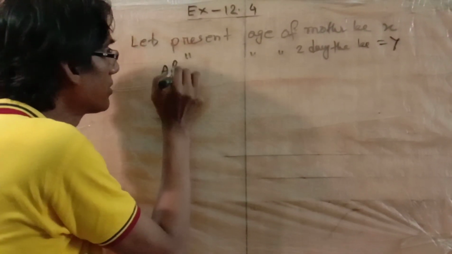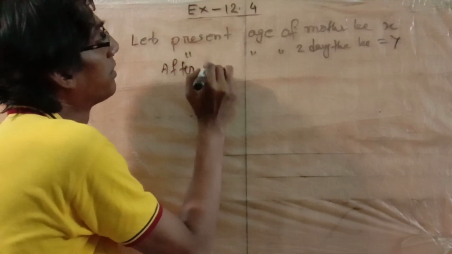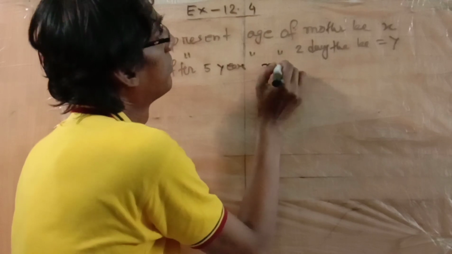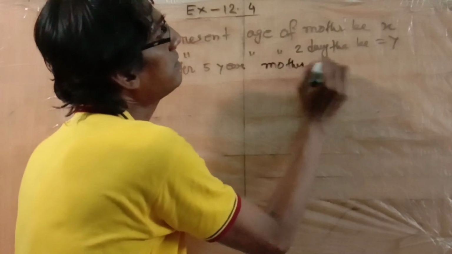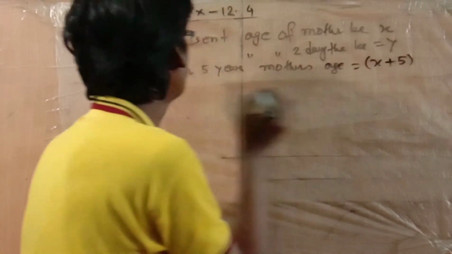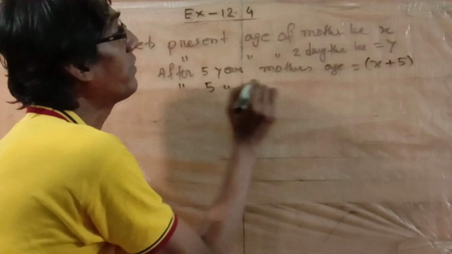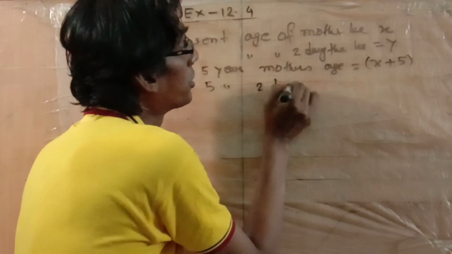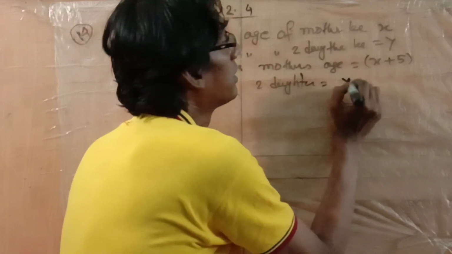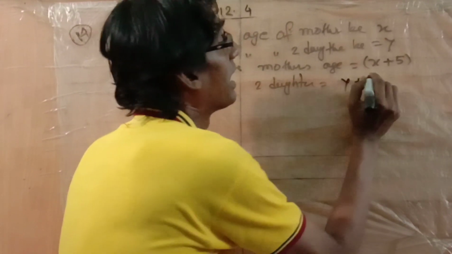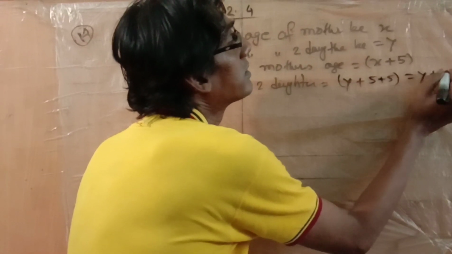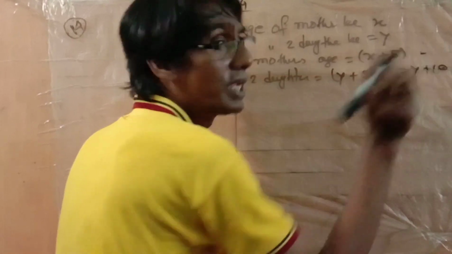So after 5 years, the mother's age equals x plus 5. And after 5 years, the two daughters, observe here, there are two daughters. That means each of them will be 5 plus 5, equals y plus 10. So after 5 years we get the result.